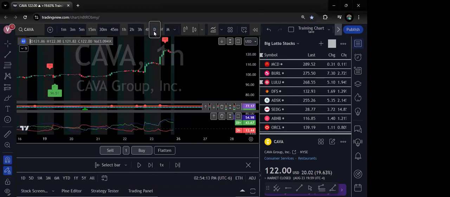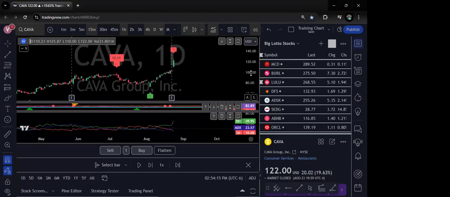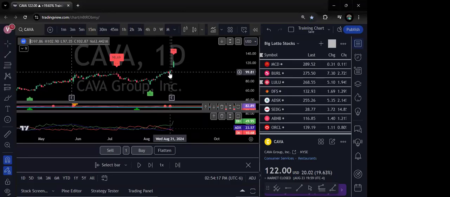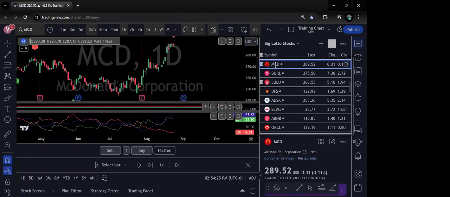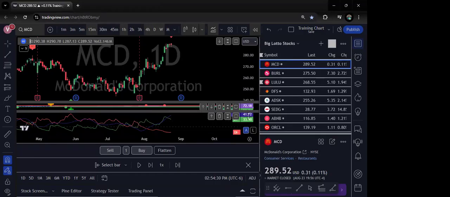Daily is a long time frame. So if you see, even now the ADX is still below 30 on the daily chart. Let's look at McDonald's, which has been trending up. The ADX is 41.